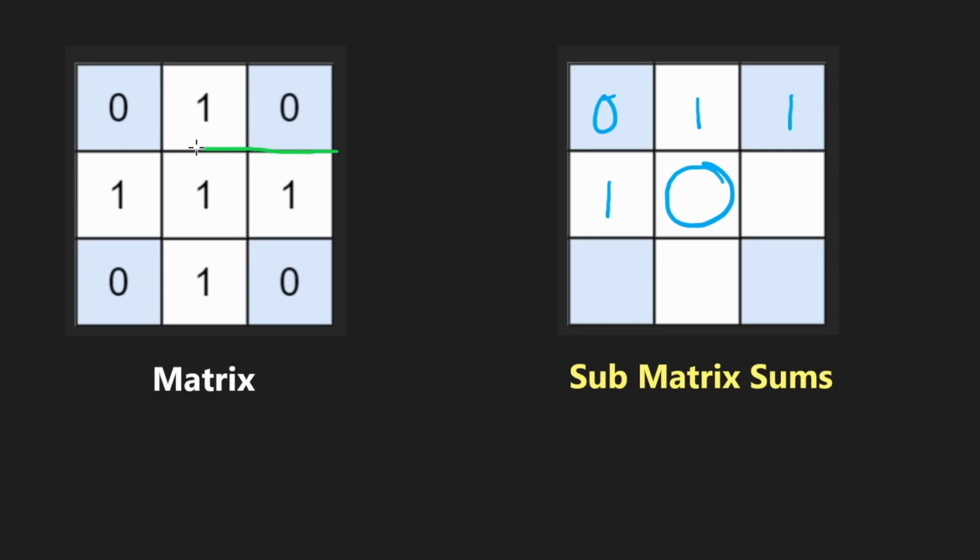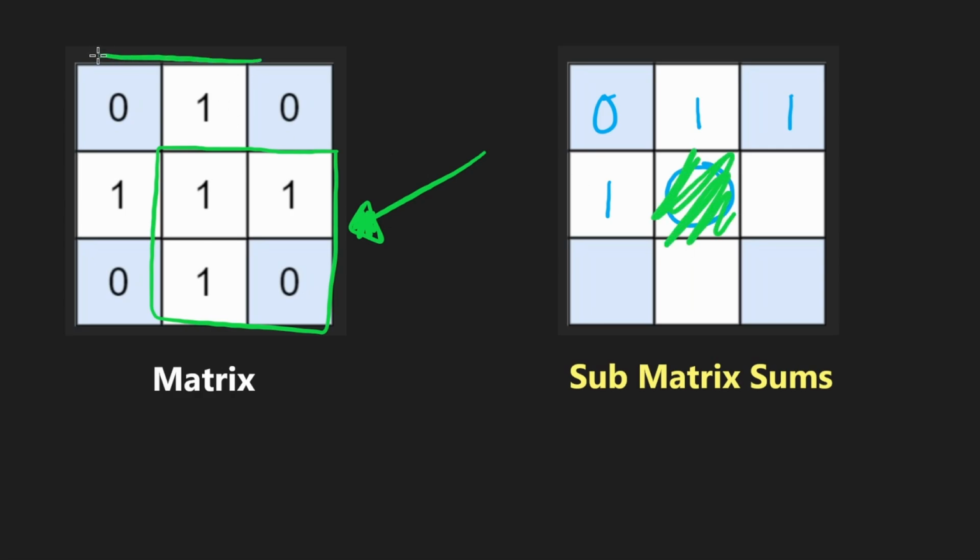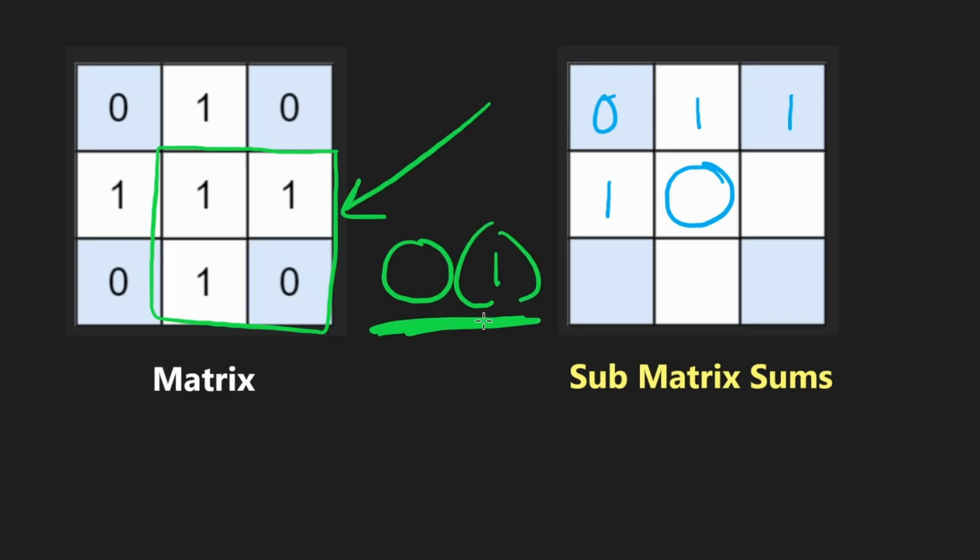Let's say we want the sum of this matrix right here. How do we get it? Well, let's suppose we've already computed the submatrix sums. Let's say, for example, this value over here represents the sum of all of these elements. Okay, how do we calculate this efficiently, perhaps in constant time?